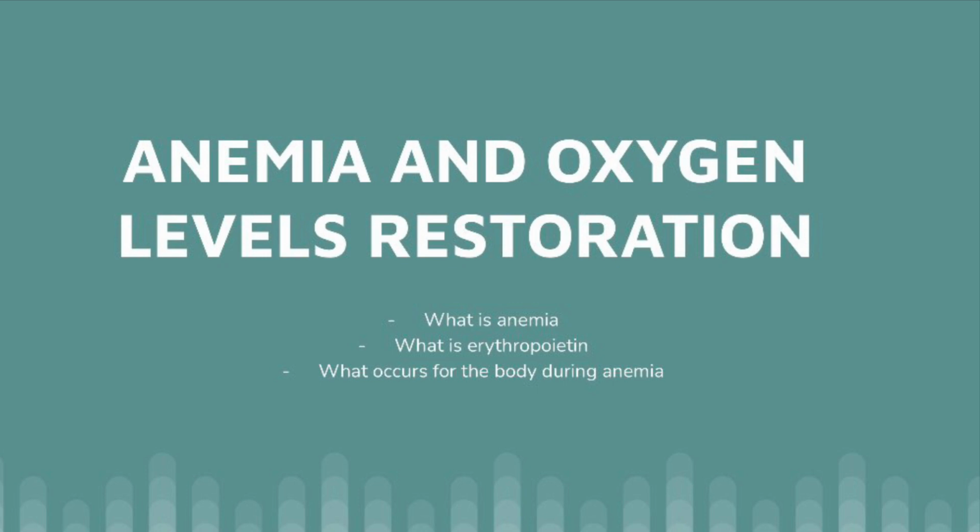Anemia and oxygen levels restoration, including what is anemia? What is erythropoietin? What occurs for the body to deal with anemia? Anemia is a condition categorized by a low number of red blood cells or low hemoglobin levels.